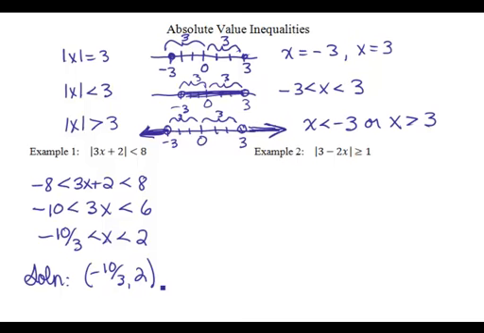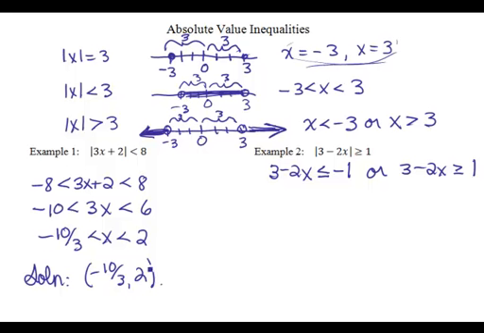All right, now let's try a greater than. Notice here I've got greater than or equal to, which is simply going to allow me to use the equality as a solution also. Now this is a greater than, so we're looking at being farther away from 0. It gives us two separate pieces. Whatever is in the absolute value can be less than or equal to negative 1, 1 unit away on the left, or it can be greater than or equal to positive 1, 1 unit away on the right.